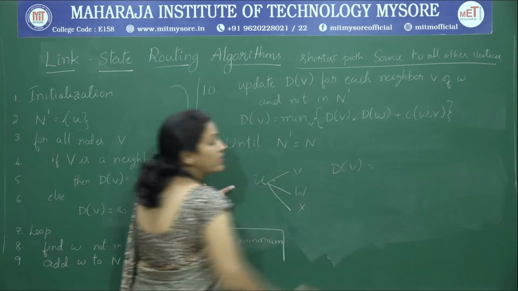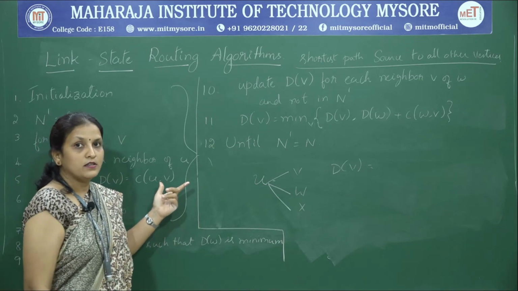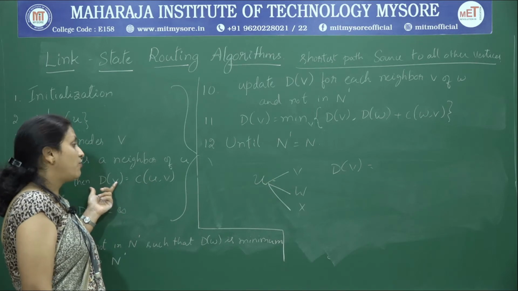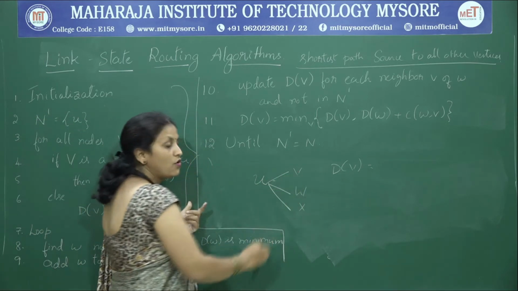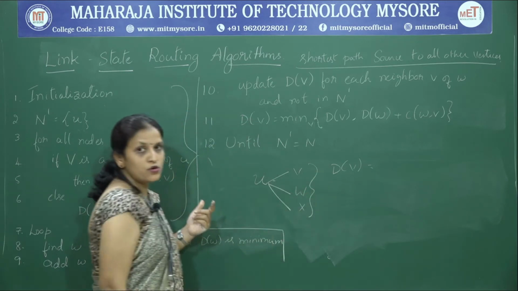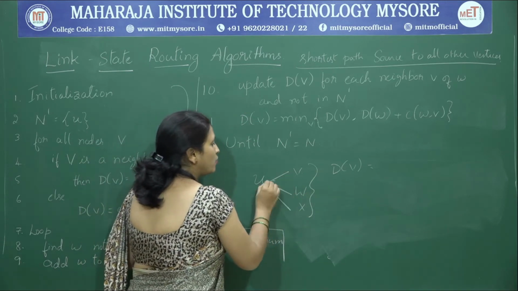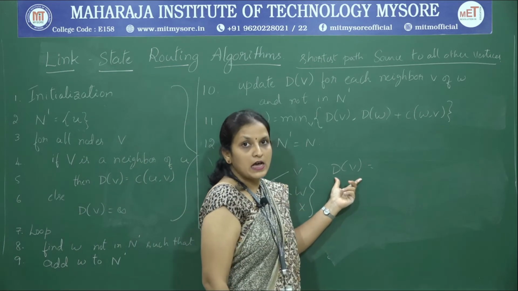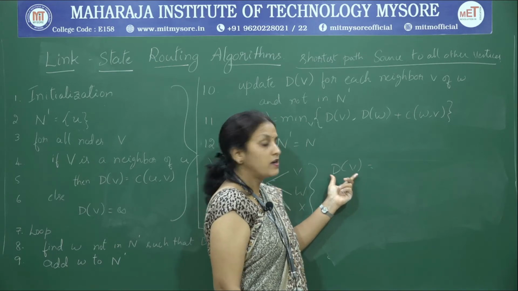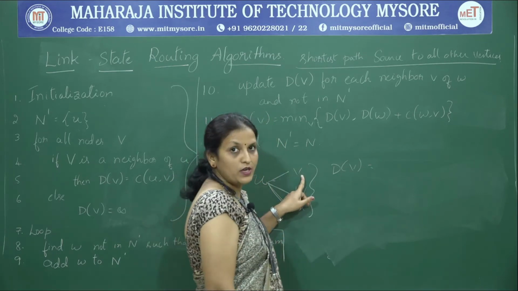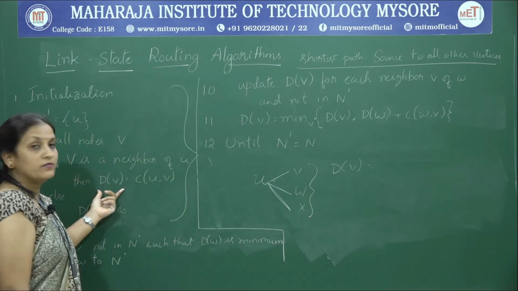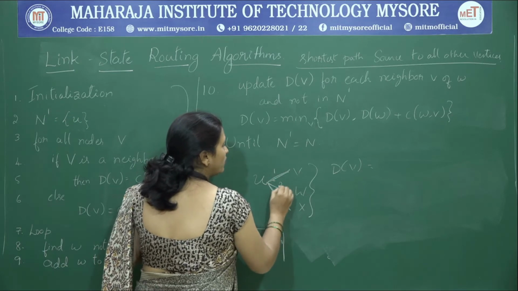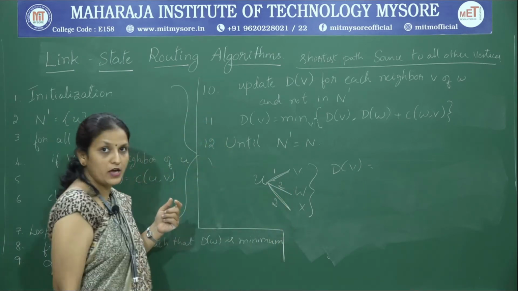D of V contains the cost or weight that it takes in order to travel from U to V. So, for all these nodes which are directly connected to U, which are neighbors of U, we are going to calculate the least cost that it takes in order to travel from U to V, and whatever weight is being attached. For example, from U to V, if we have 1, here if we have 2, and again here if we have 2.